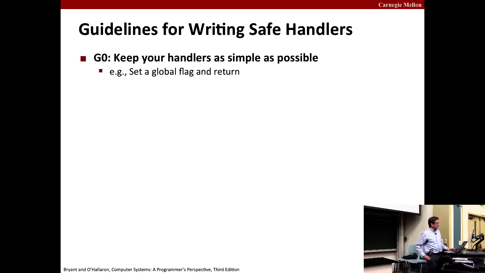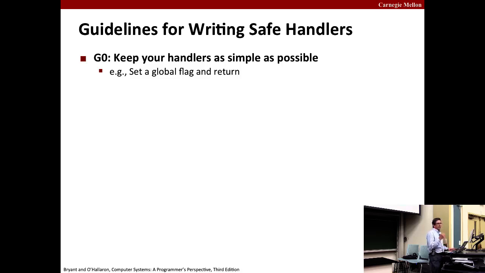So let me give you some guidelines for how to write safe handlers. And this is just a collection of collected wisdom from various sources, but it covers a lot of aspects of signal handlers. So the first guideline is to keep your handlers as simple as possible.